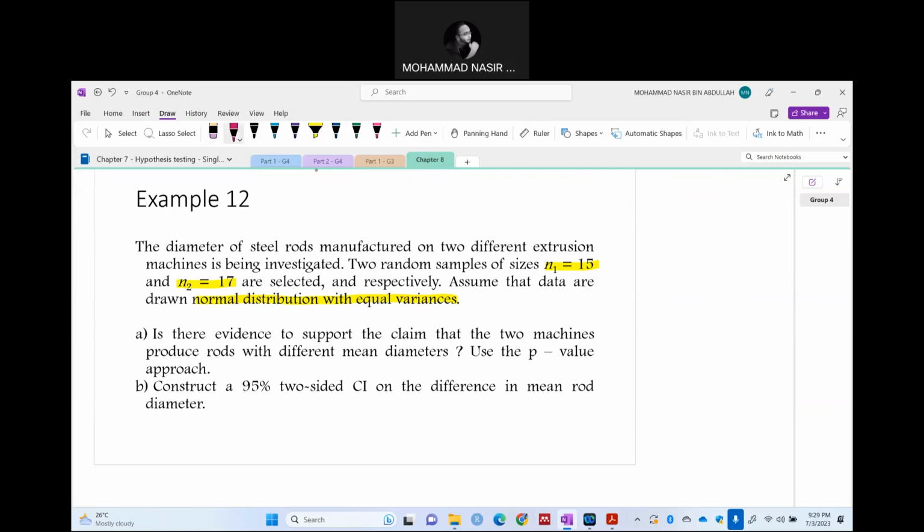Right. This is X bar 1 equal to 8.37, X bar 2 equal to 8.68, S1 squared equal to 0.35, S2 squared equal to 0.40.